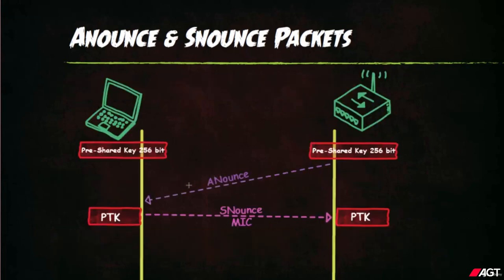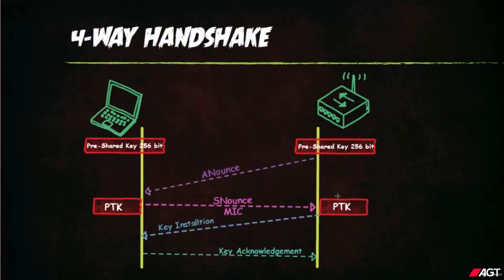After generating the PTK, the client sends the same SNonce packet with MIC to the access point. The access point also calculates the PTK and the MIC, and then matches this MIC with the MIC sent from the client.